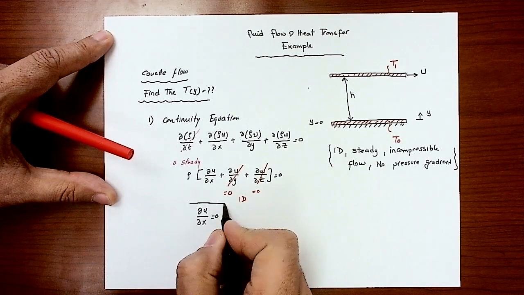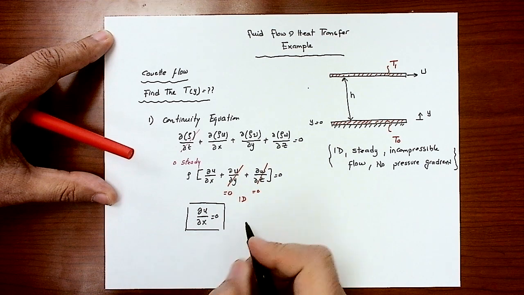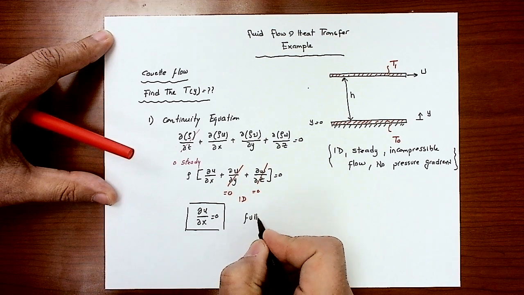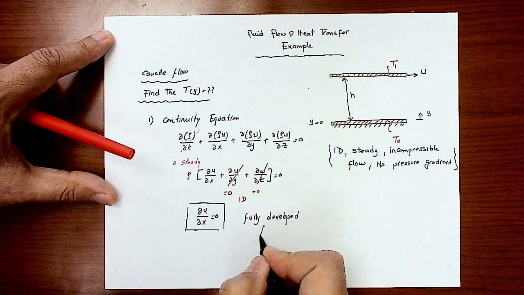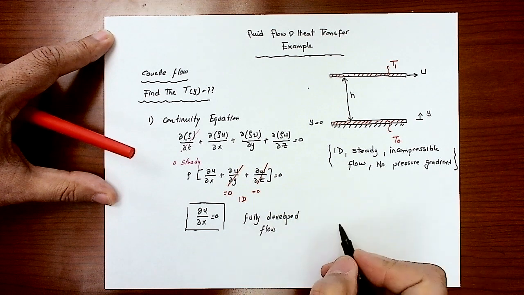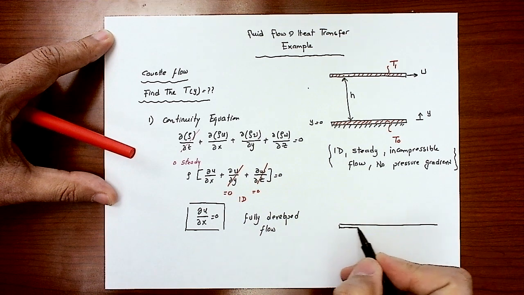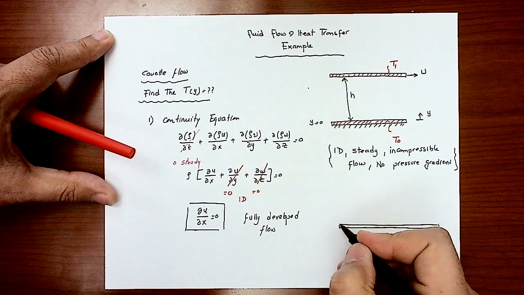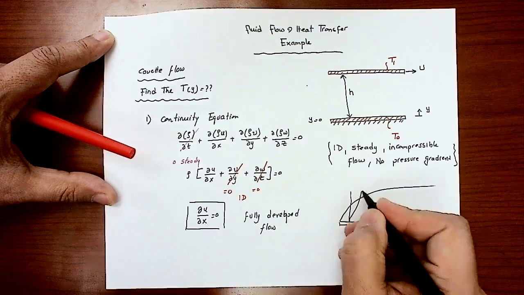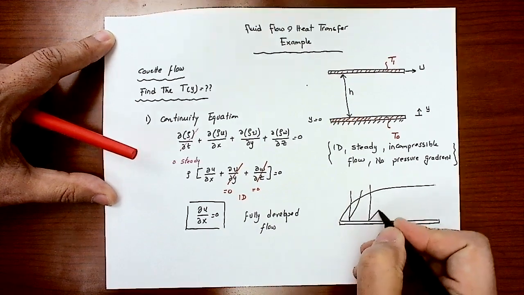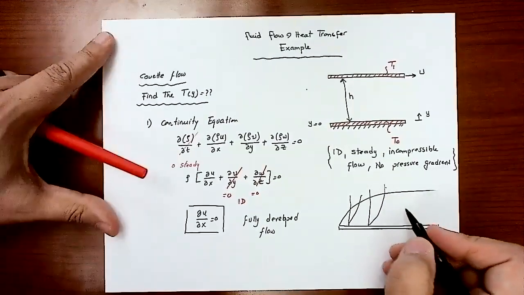0. And the physical interpretation of this condition is that we are in a fully developed flow. We mentioned before, if we have a flow over a flat surface, the boundary layer will form, and we know that the velocity distribution will change. Maybe it starts like this, and increases like this.